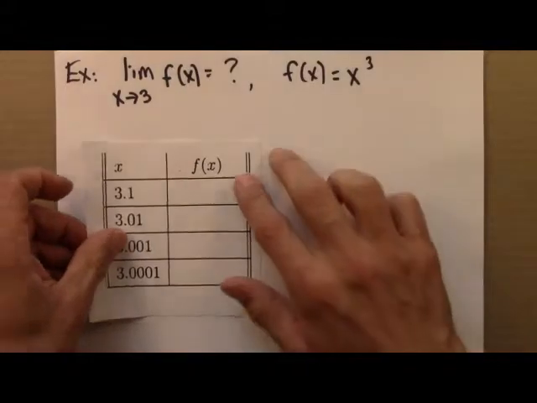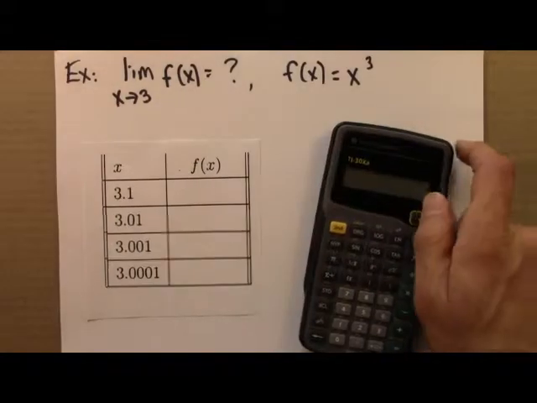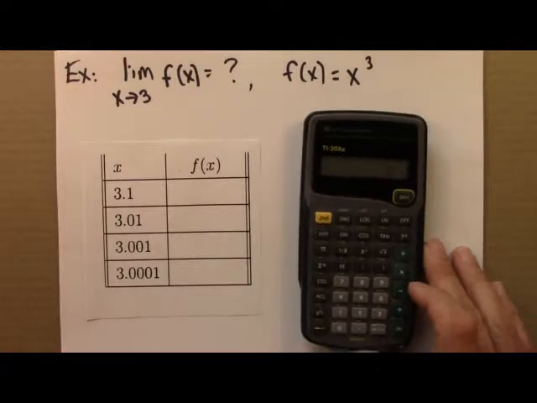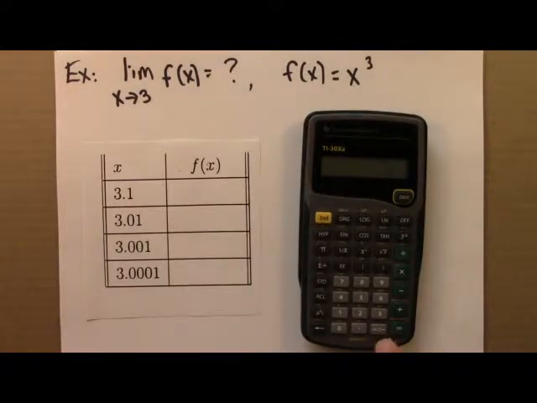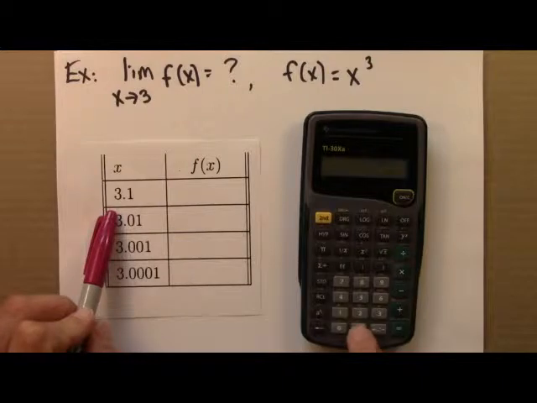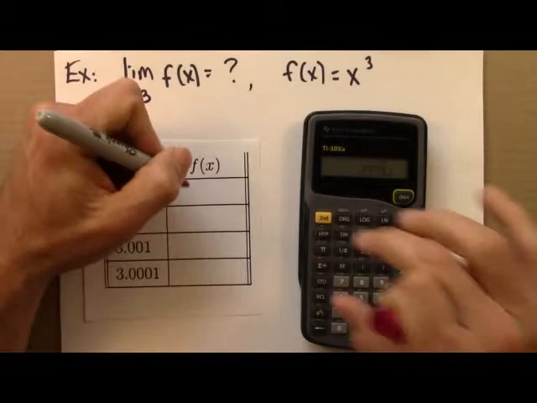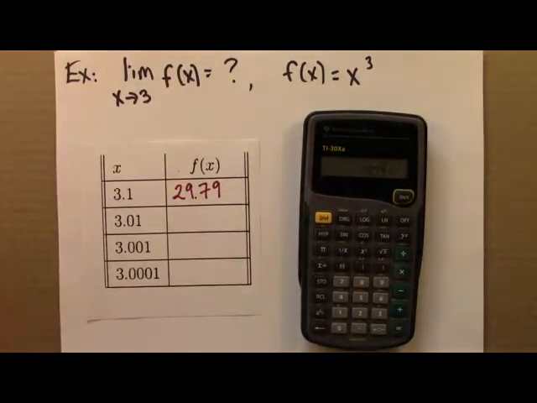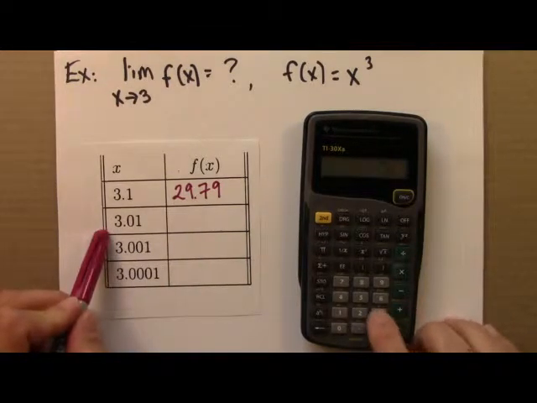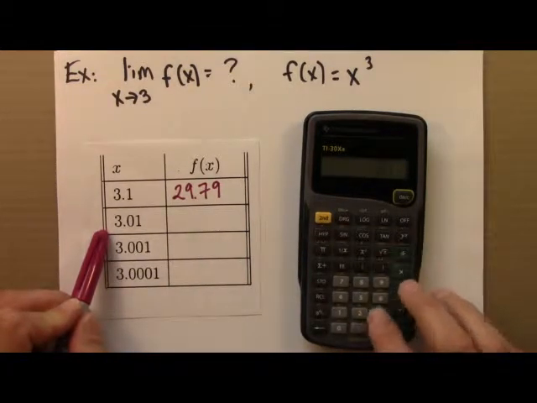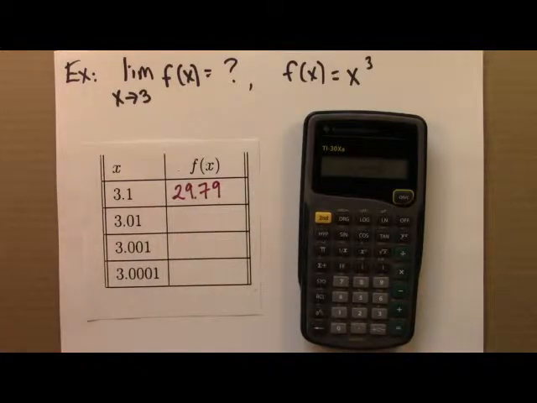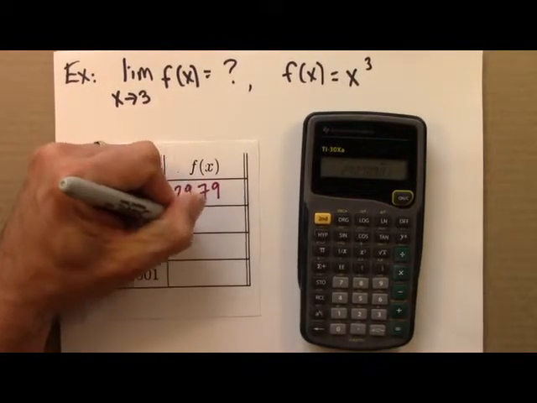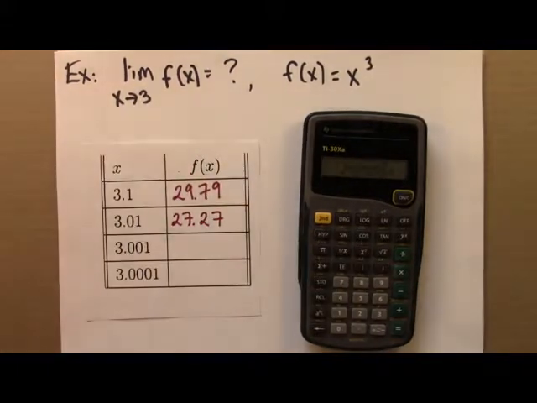So one approach to this, we could imagine filling out a table. We're just going to use a calculator and plug in some numbers. So what if x is 3.1? I cube that, and I get 29.79. All right. What about 3.01? What happens if I cube that? I get 27.27. What about 3.001?